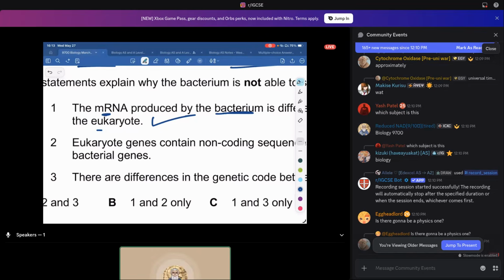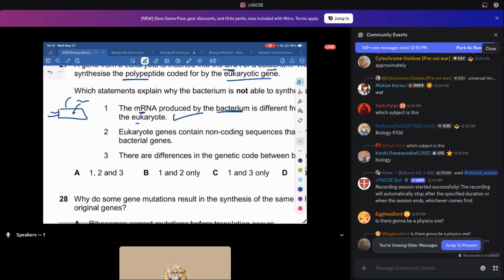This is true. When we say mRNA, we are referring to the mature RNA, so not the primary transcript. And bacteria cannot splice. They do not have spliceosome.